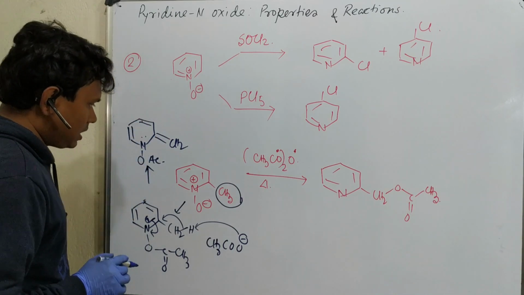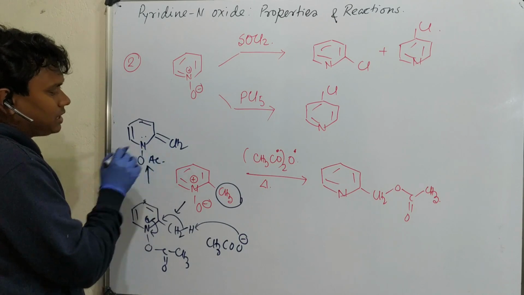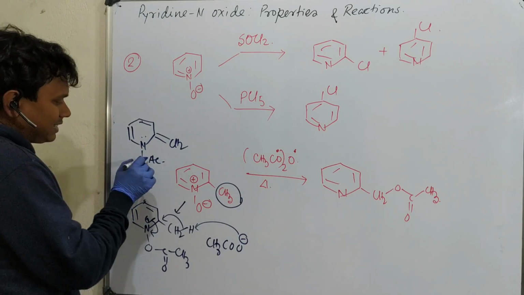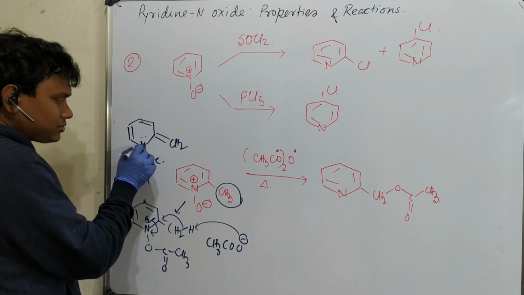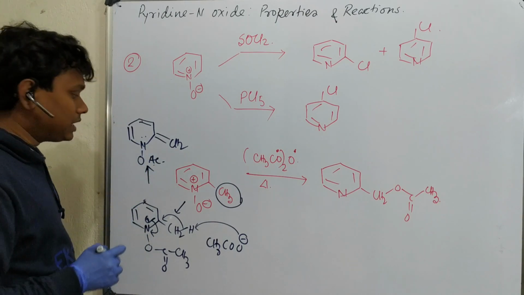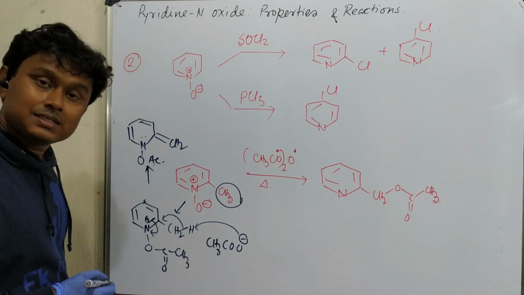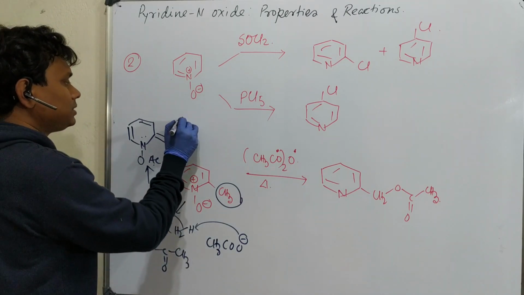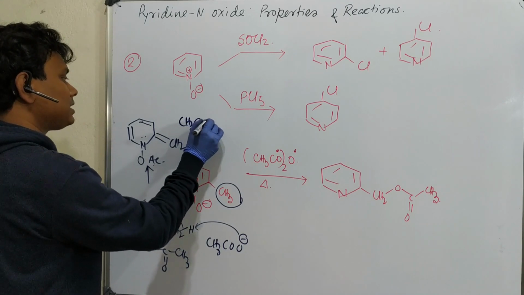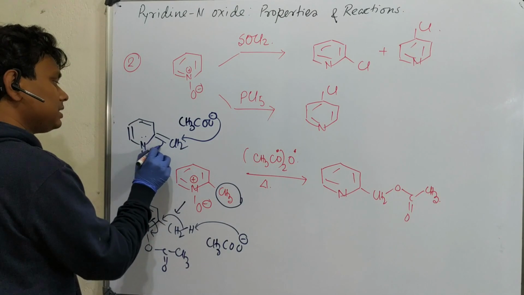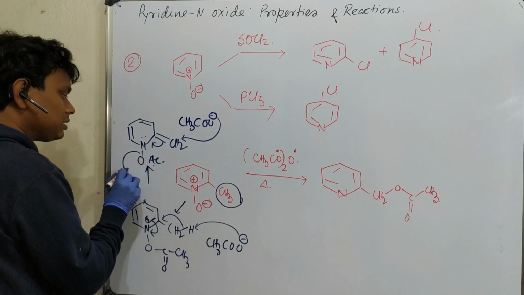Now in the next step, this is actually an electron deficient species. Why? Because it is attached to a nitrogen, and that is attached to a good leaving group. In the reaction medium there is acetic acid. So what can happen? The acetate anion can further attack here, it can come here and it can leave.